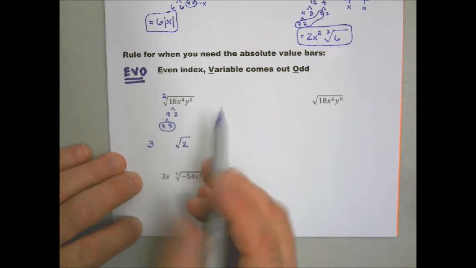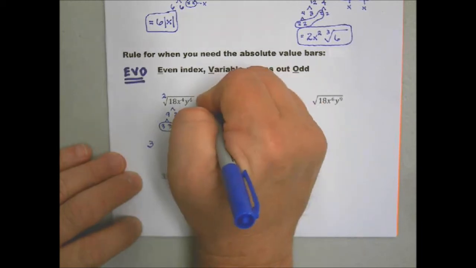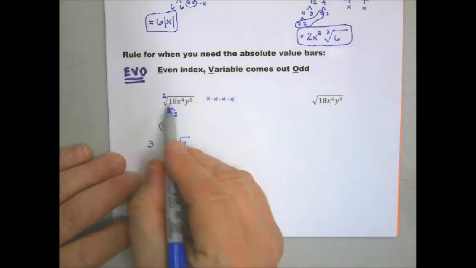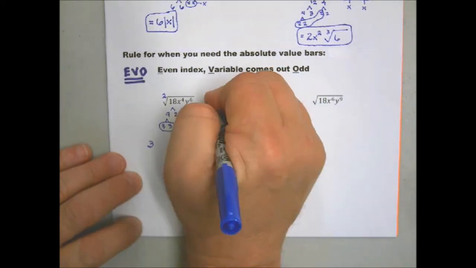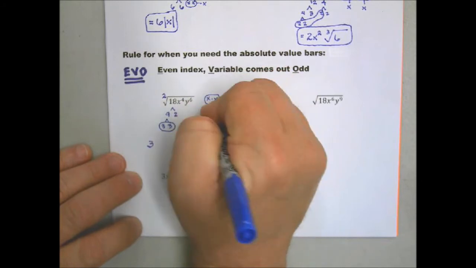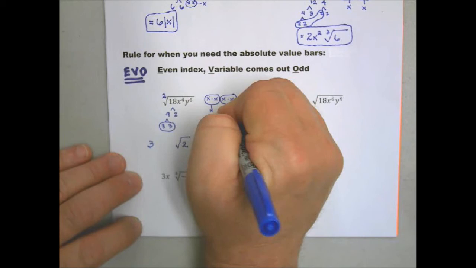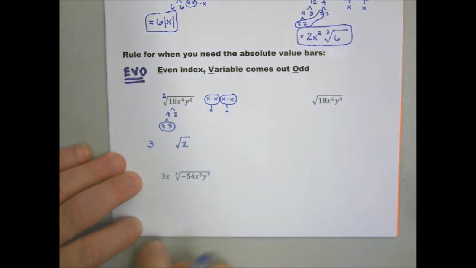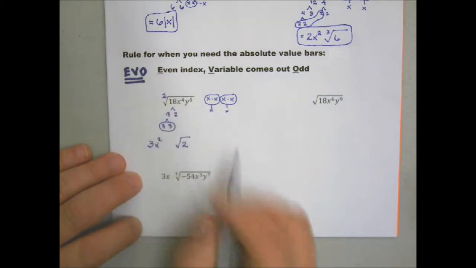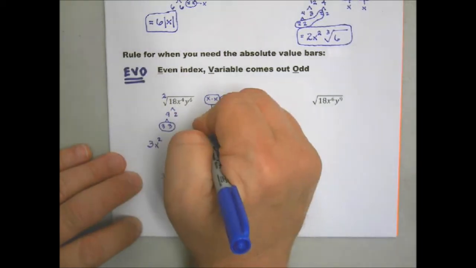Now, what about x to the 4th? X to the 4th is x times x times x times x. We're looking for pairs because we're in square root, and here they are. So x came out and x came out. Okay, so x squared. Now, what about y to the 6th?